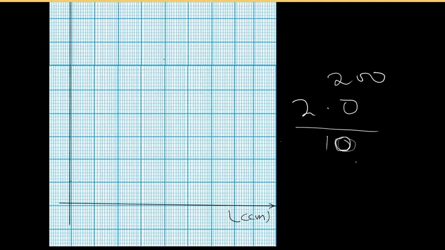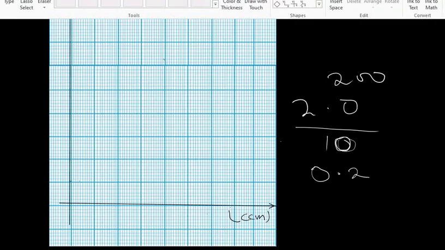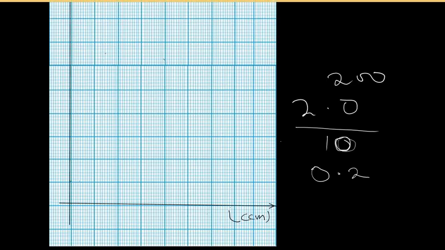So each box should increase by an interval of 0.2 seconds squared. Now, if we are to write our scale on the graph, I will simply say that 1 cm, 1 box, is equivalent to 0.2 seconds squared.